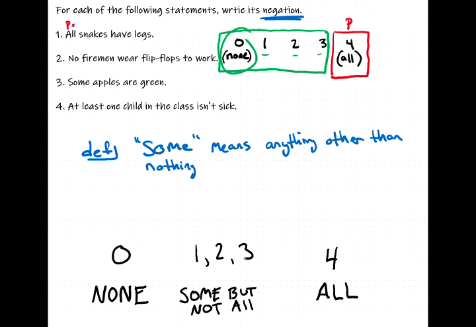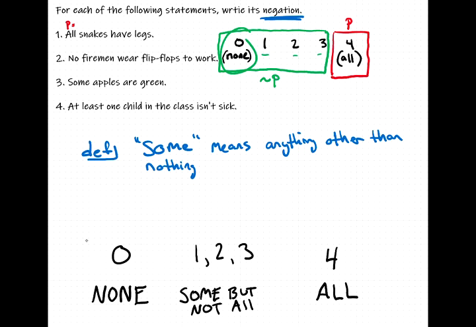And since there's only a statement and its negation, one of these two is going to have to match up with two of these cases. There's the none, the some but not all, or the part of the whole, and the all. All right, so now that we know our negation, our not P, is going to account for the none.